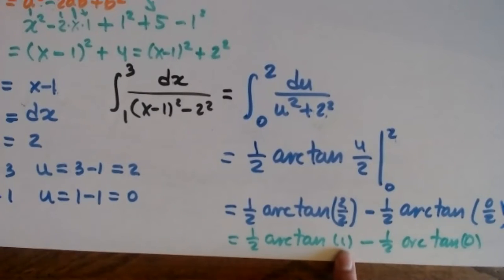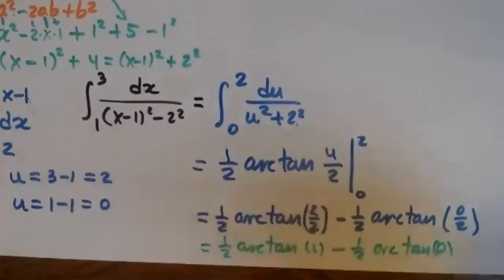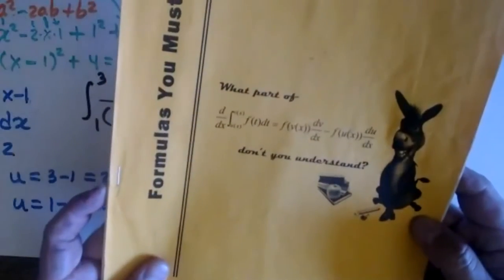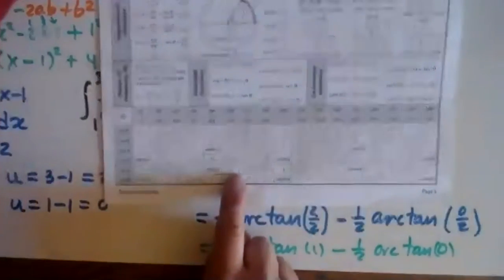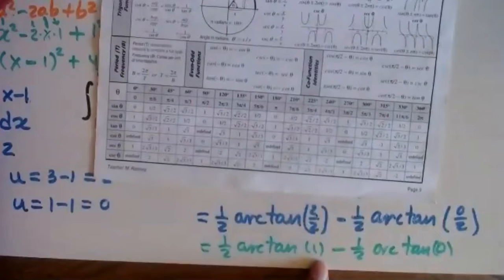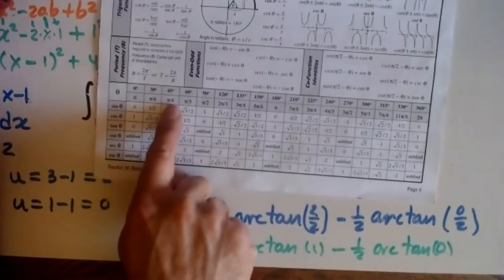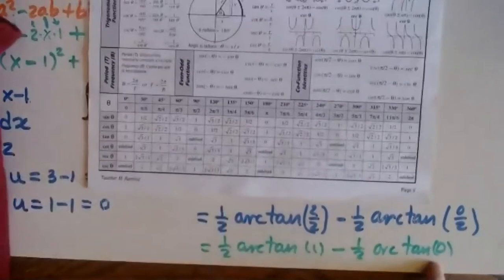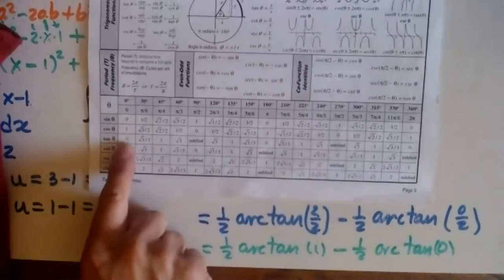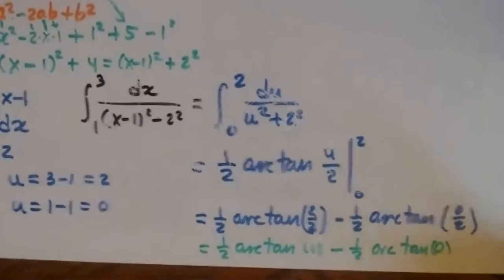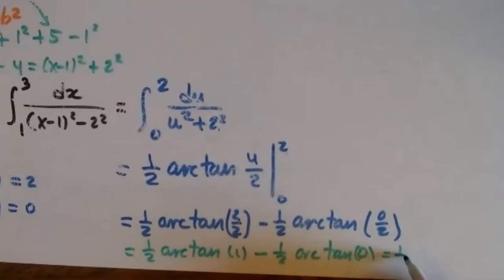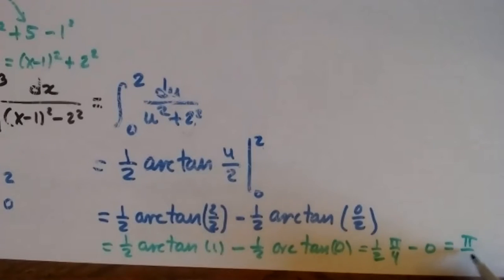Remember? No? Okay. Here is a lifesaver. Go to the unit circle. Here is a table, right? Here you need arctangent of 1. So for what angle is tangent 1? You see here, pi over 4. For what angle is tangent 0? For 0, right? So this is 1/2 pi over 4 minus 0. And 1/2 of pi over 4 is pi over 8.